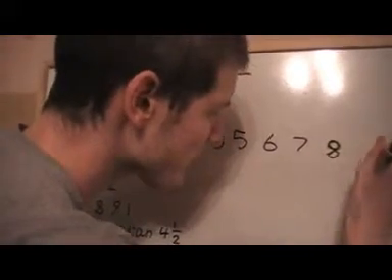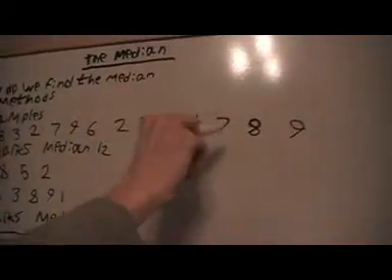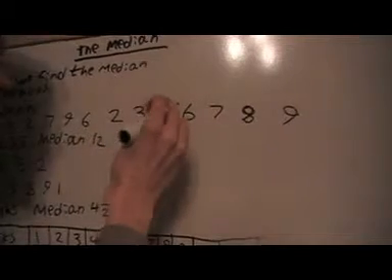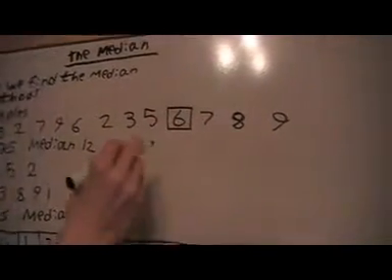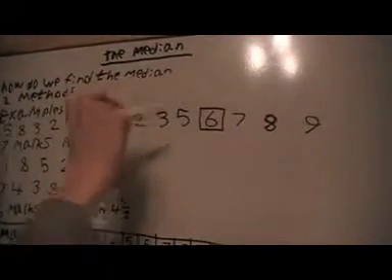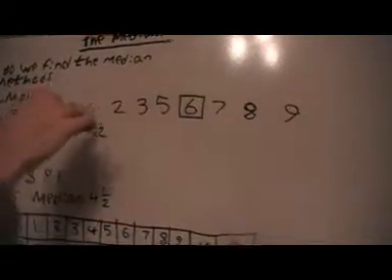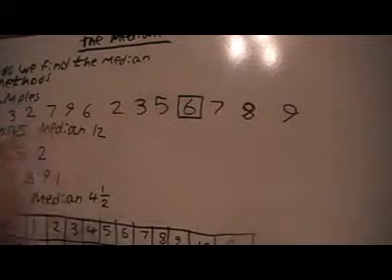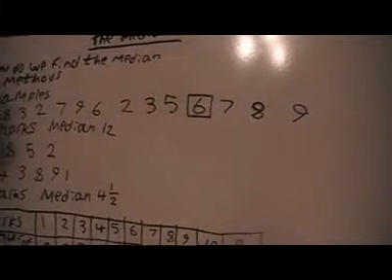Sorry about that, you've missed one out there because there are only 6 numbers in. And then the middle one is the median, so the middle one is 6. So the median here is 6. I've just put them in order and then picked out the middle one. So that's basically what we do if there's an odd number of numbers in the list.